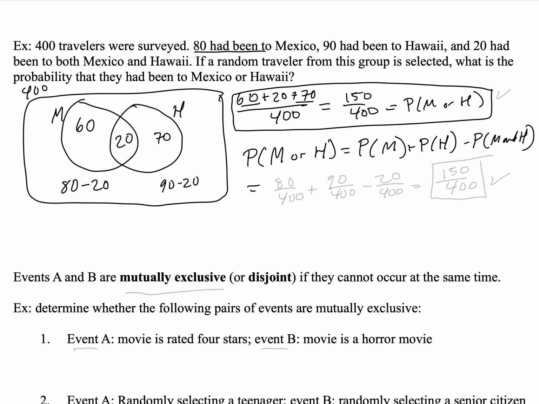And so that would be 80 out of 400 had been to Mexico, plus 90 out of 400 had been to Hawaii, minus 20 over 400 had been to both. And so again, that gives us 80 plus 90 is 170, minus 20 is 150 over 400. So that would be our final probability in either case, the probability that the traveler had been to Mexico or Hawaii.